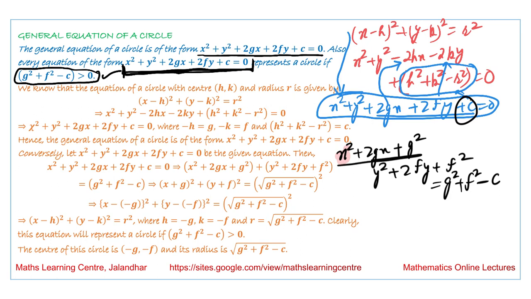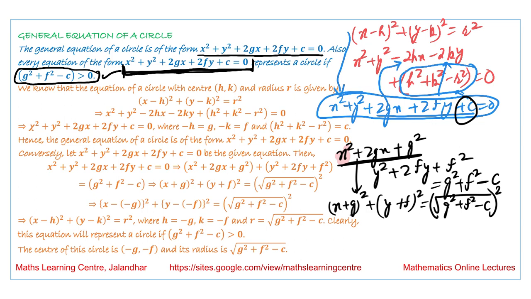This becomes (x + g)² + (y + f)² = (√(g² + f² − c))².